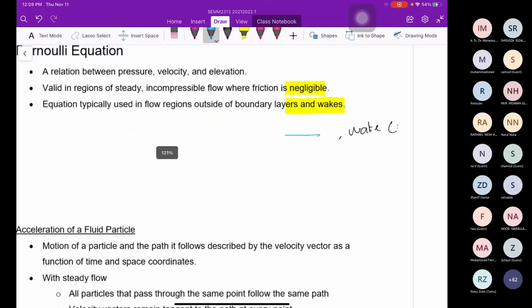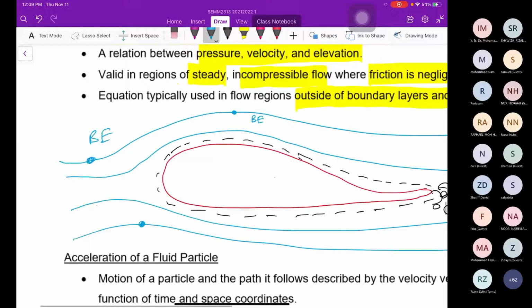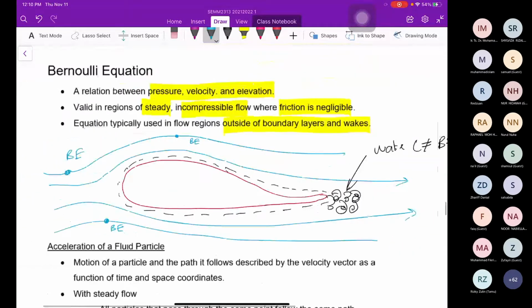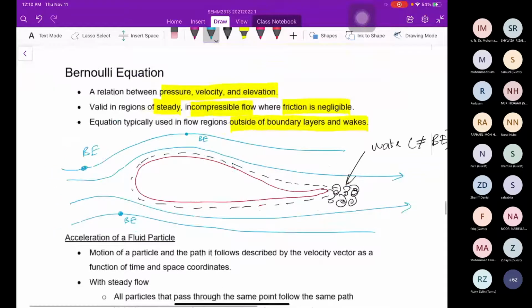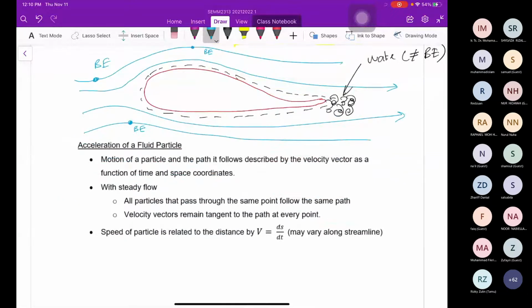For example, this region is okay, no problem for Bernoulli equation to apply. There is a limitation: the Bernoulli equation only applies for the smooth flow outside the boundary layer. So here, first I want to derive the acceleration of the particle because I'm going to use it in Newton's law.